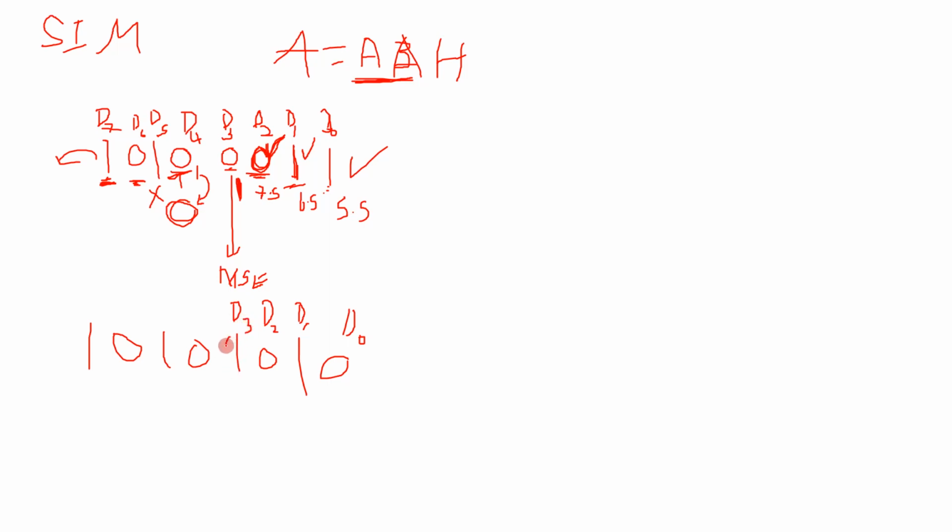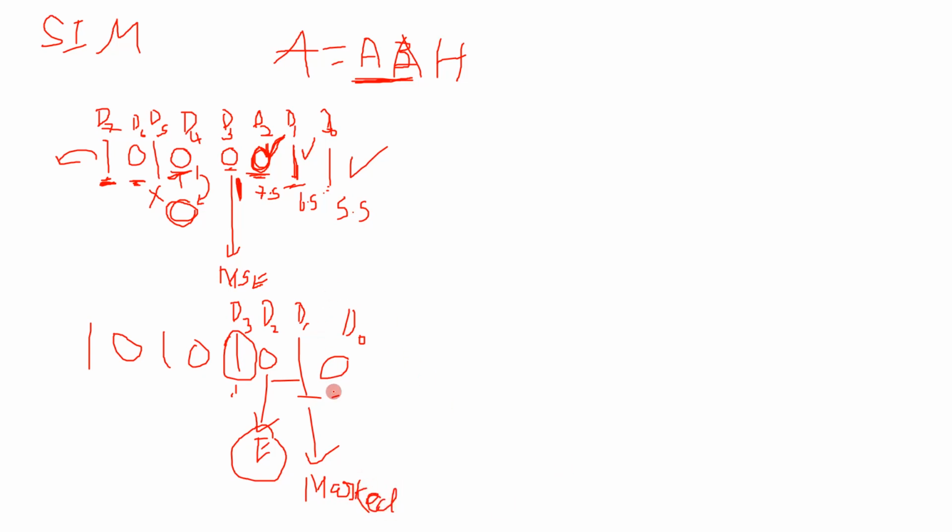So if D3 is 1, that is, mask set enable is 1, that means these bits have some meaning. These bits will be used for masking and unmasking the interrupts. D2 is 0, that means this is enabled. That means it will be serviced by the microprocessor. If this is 1, this is masked. It is ignored. The microprocessor will not provide service to this interrupt.